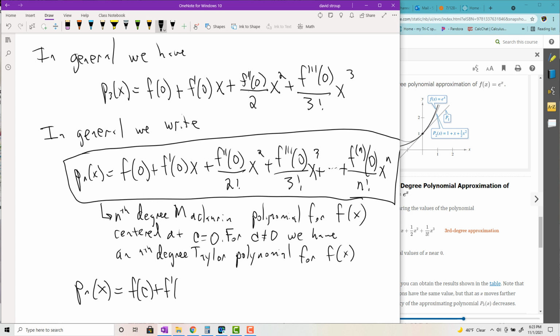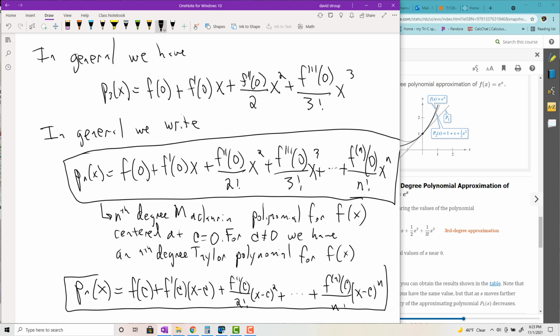Then f prime of c times, instead of writing x, you write x minus c. Normally it would be x minus 0. Then plus f double prime of c over 2 factorial times x minus c squared, and so on, plus the nth derivative evaluated at c over n factorial times x minus c to the n. That is our Taylor polynomial for f of x.